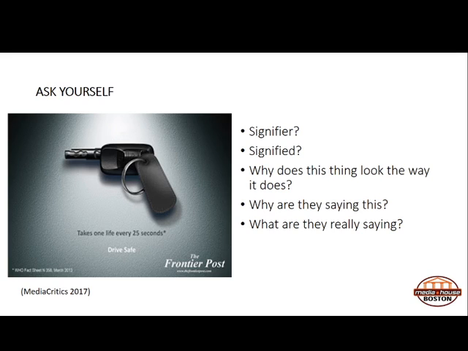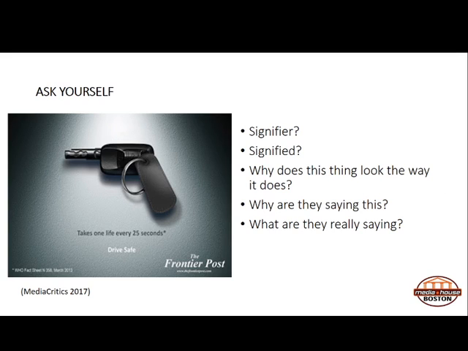Drive safe means this refers to a car key, and this refers to people with cars. Cars take one life every 25 seconds. Okay, so cars don't kill people, people kill people. And so what are they really saying? Drive safely. Make sure that you don't use your car like other people use guns. Okay.